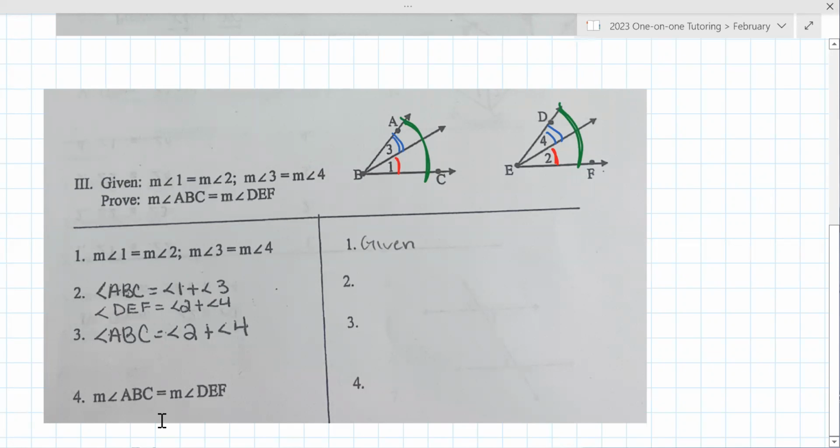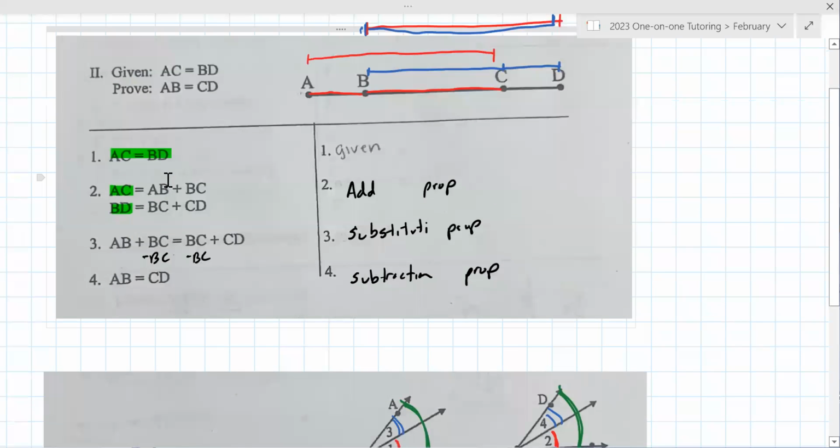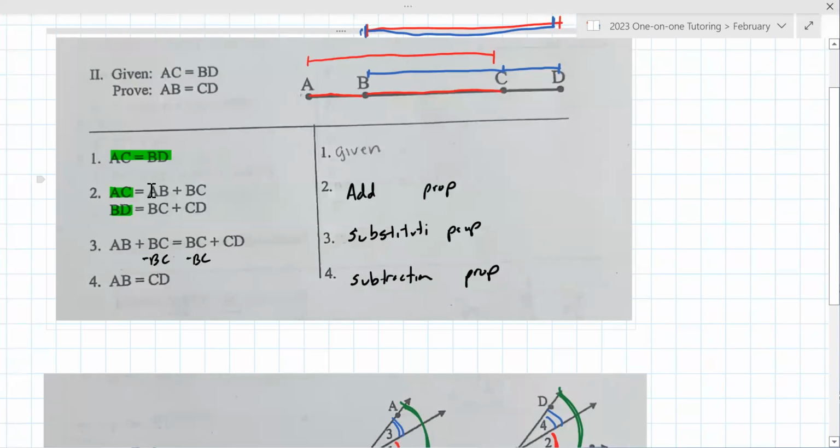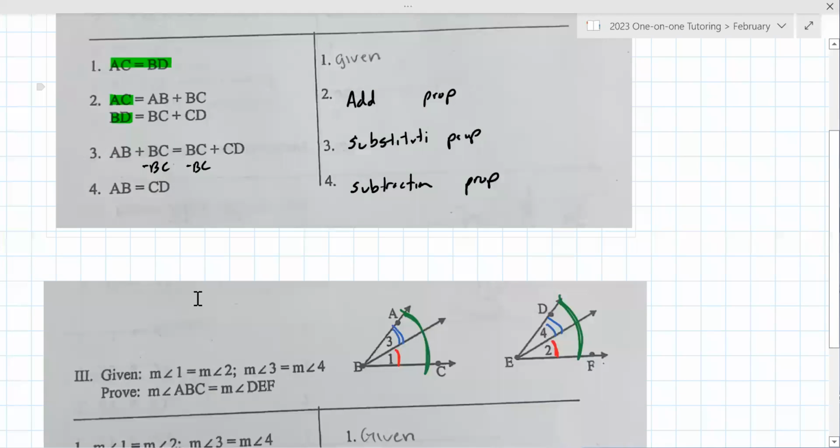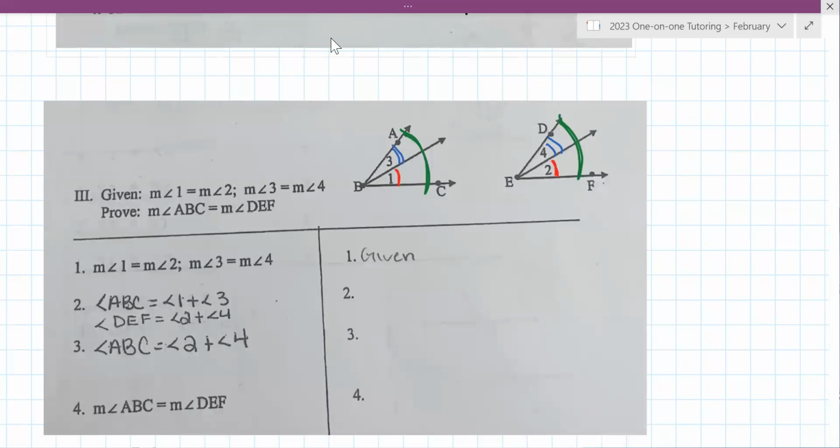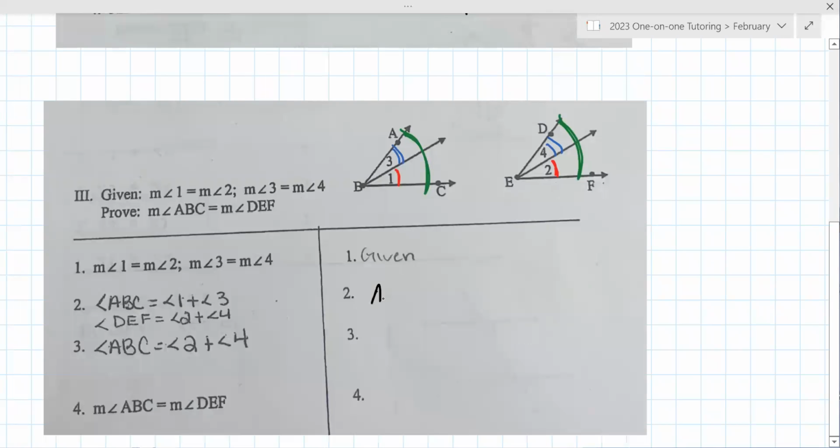So to me, that's very much like what we did in the previous one. It's saying that the parts add up to the whole, and so to me, that's the addition property again. Okay, and then the next one would be the substitution, because you're substituting for one instead of the other.